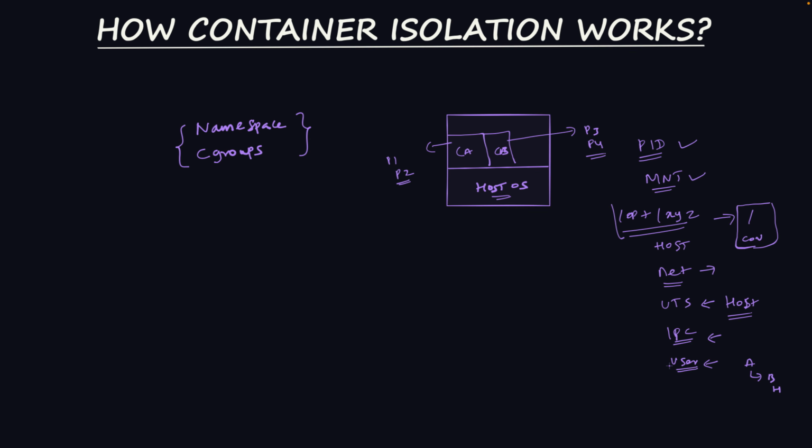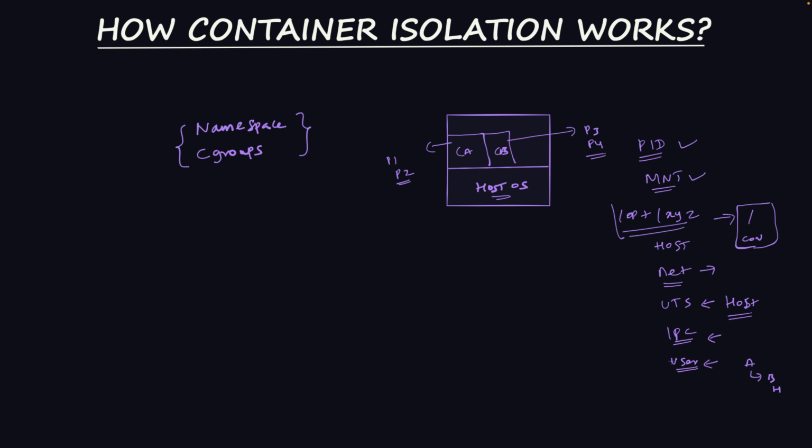The container will run as root, and if somehow somebody who is using a container escapes the container and reaches the host operating system, then they have full access, because the container is running as root. So if a user using the container as root escapes the container somehow and reaches the host operating system, then they have full power on the host operating system.